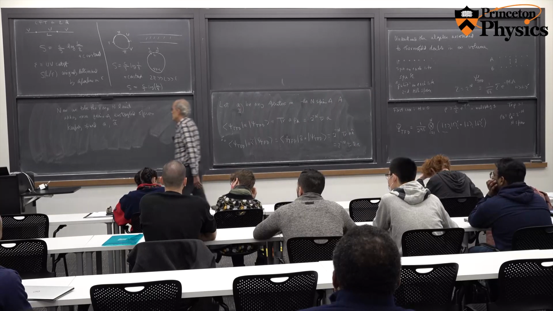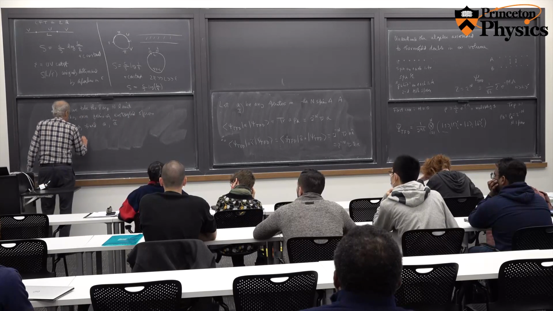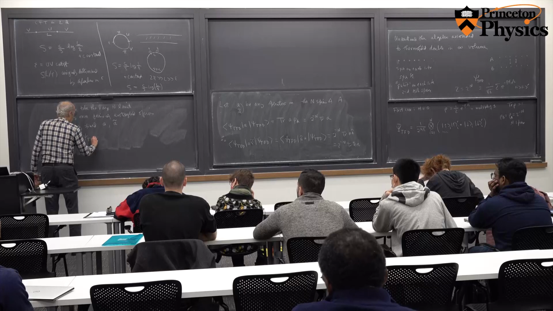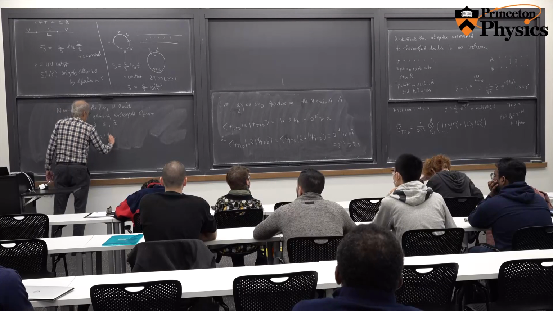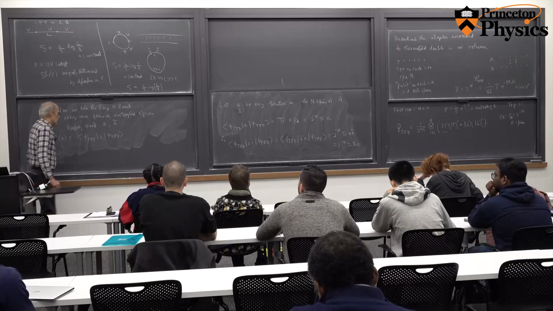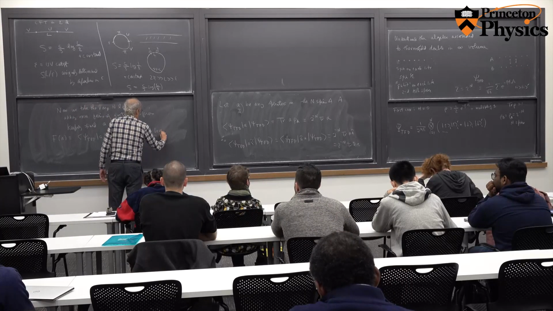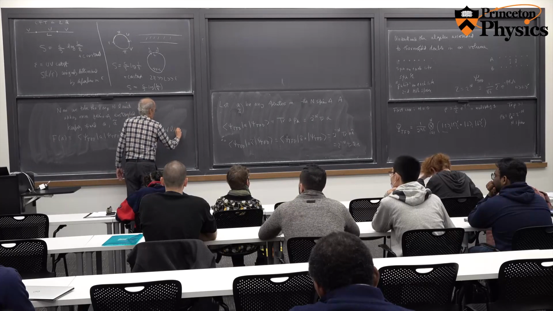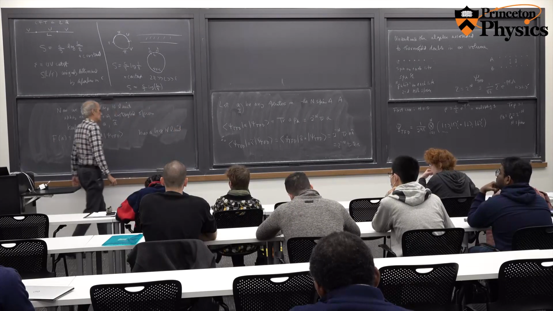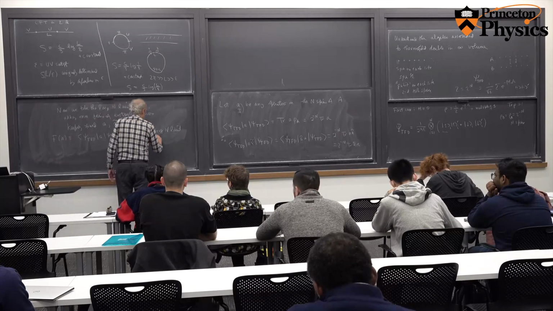So the function f of A, which is the expectation value in the thermofield double state, has a large n limit. In other words, it has a thermodynamic limit.